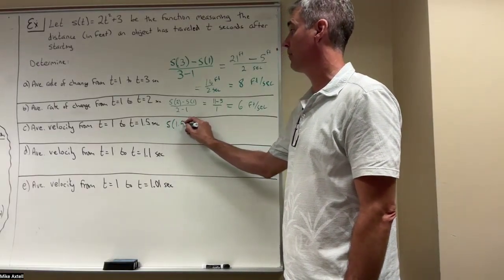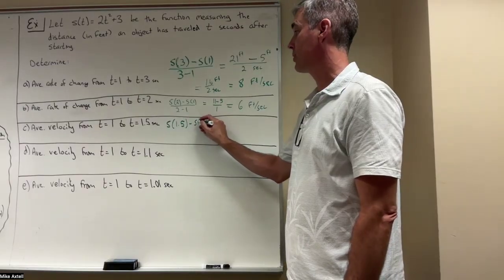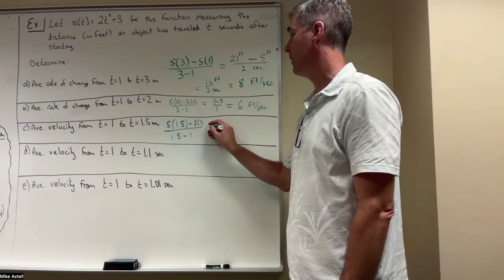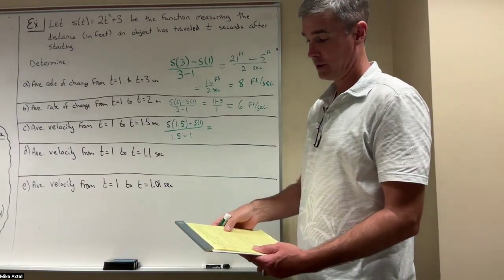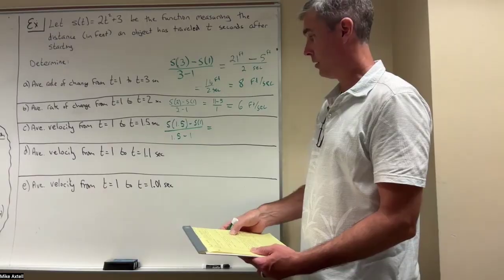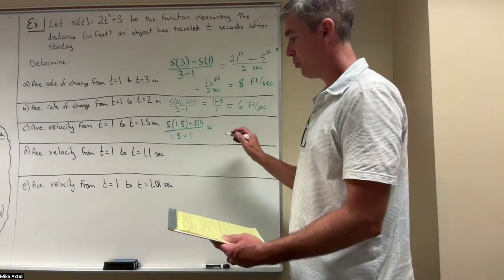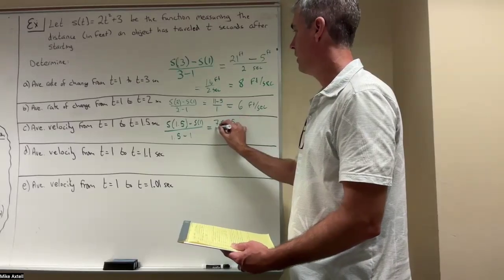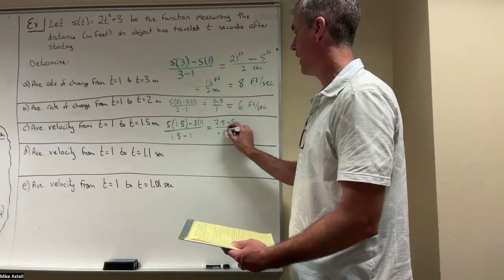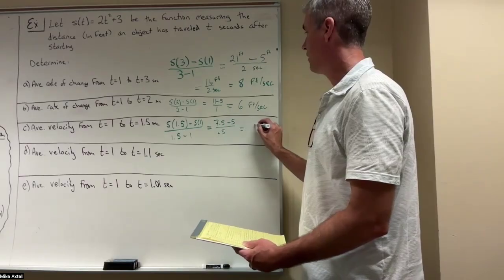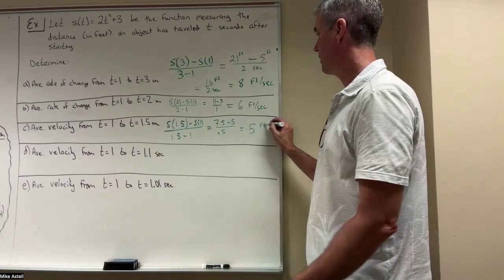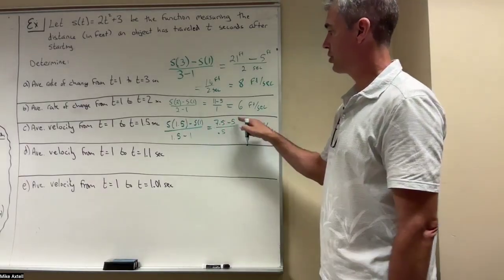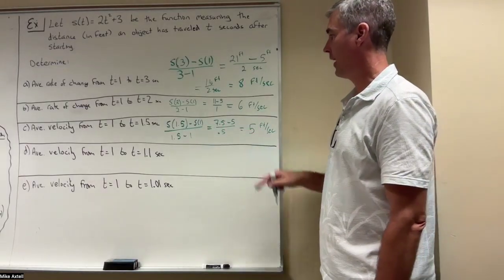I'm going to do 1.5 plugged in minus 1 plugged in all over 1.5 minus 1. And when I crank that out, I get 7.5 minus 5 all over 0.5. So I get 5 feet per second. And you can check on the calculator. I get 2.5 divided by 1/2, and that's 5.